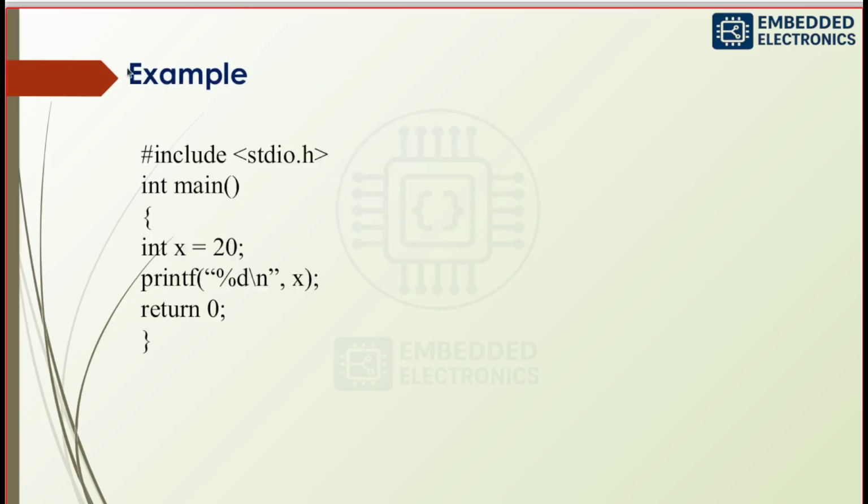And next is the code. See here, this is the C code. What is the aim of this code? Why is this code written? This code will print the value of x. We will run this on our target board.